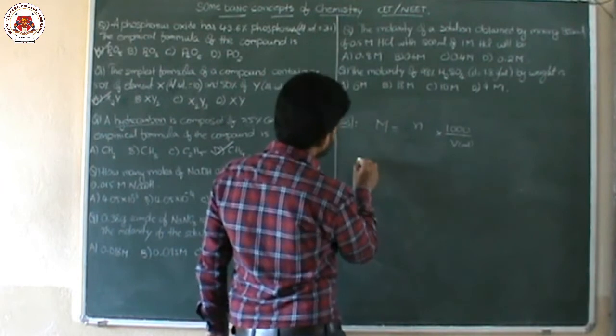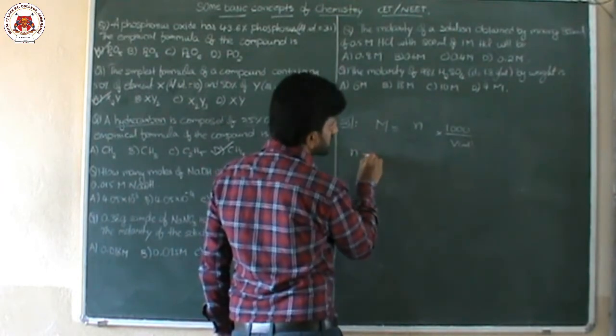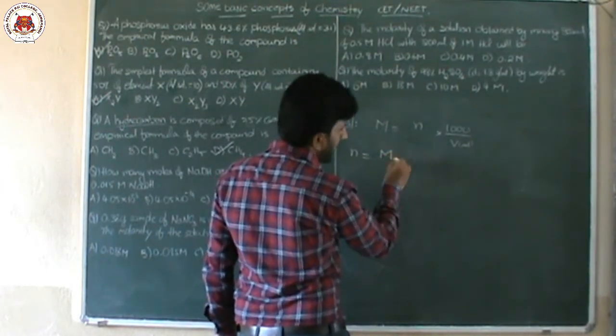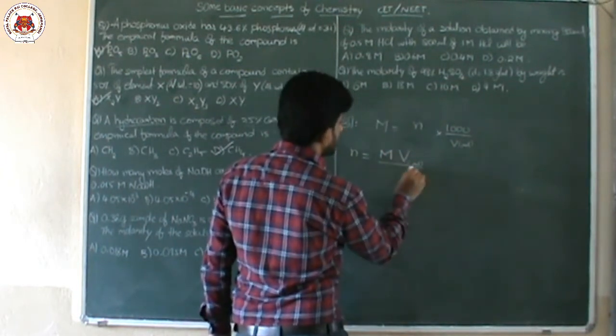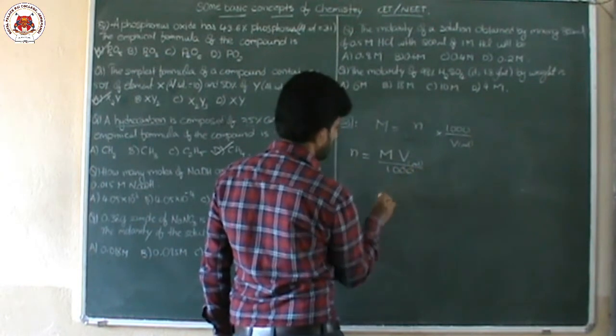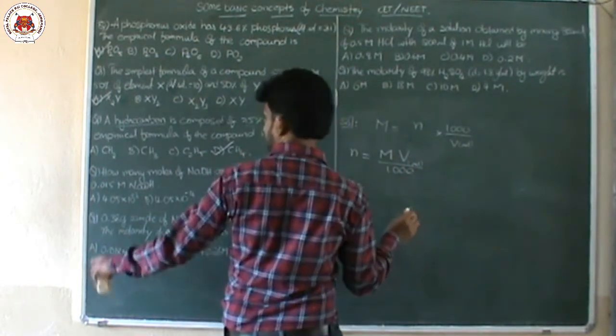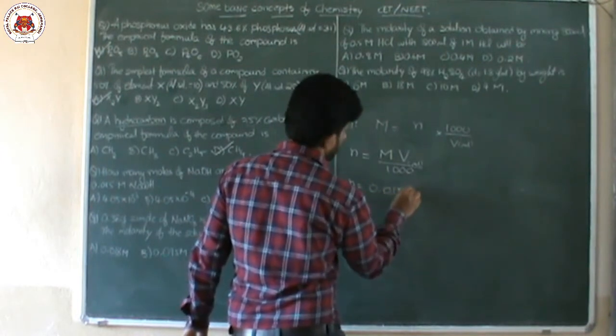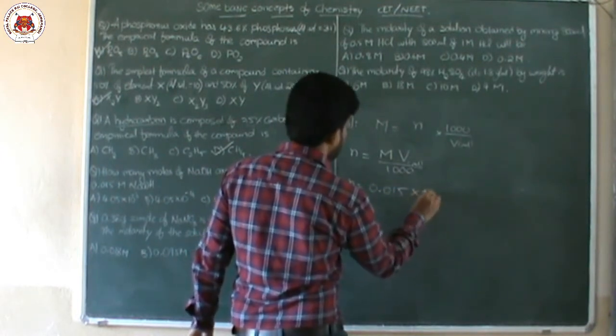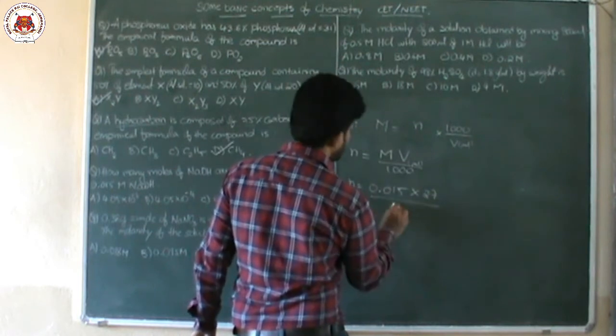So from this, number of moles is equal to molarity into volume in ml divided by 1000. Molarity is given as 0.015, and volume is 27, divided by 1000.